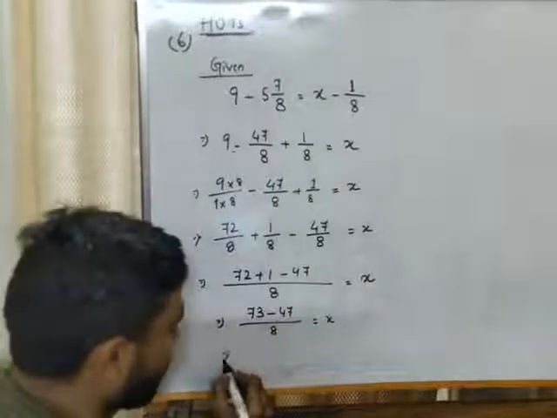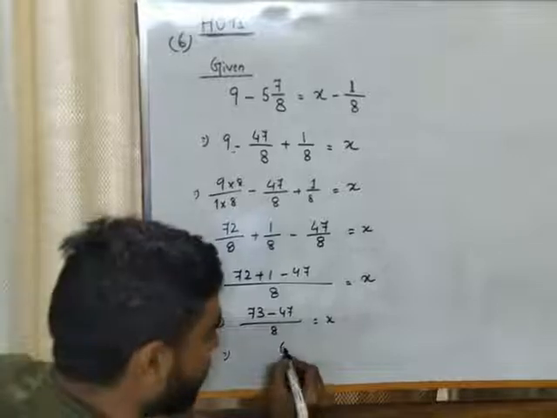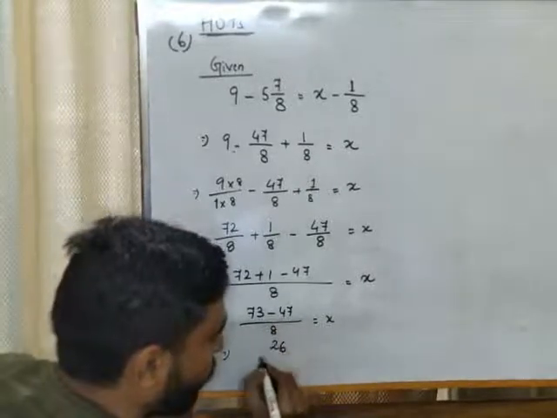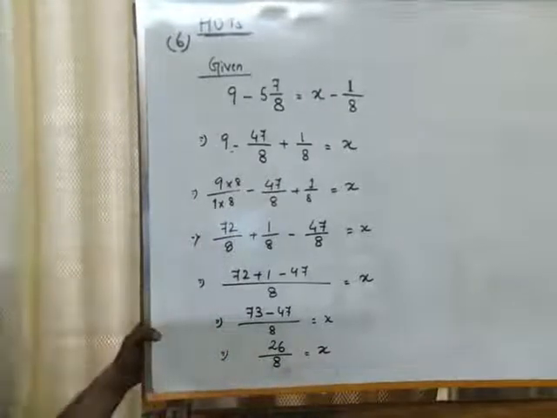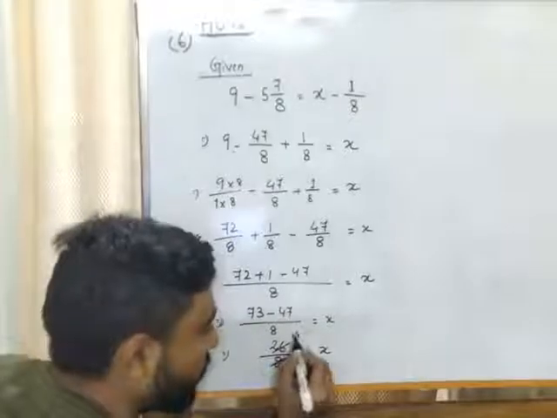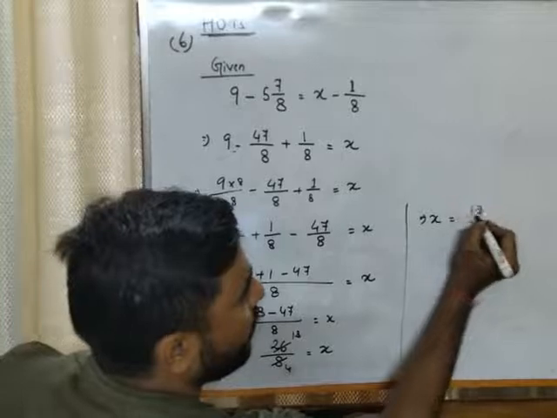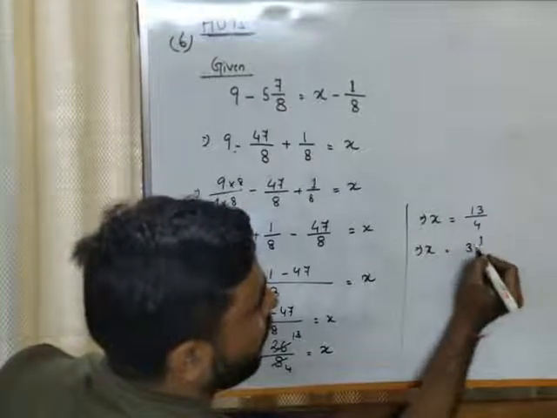So now 3 minus 7 is not possible. 13 minus 7 is 6 and here it became 6. 6 minus 4 is 2. 26 by 8. So now it will be 2 4 times 2, 13 times. So which implies x is equal to 13 by 4, which implies x is equal to 3 1 by 4.